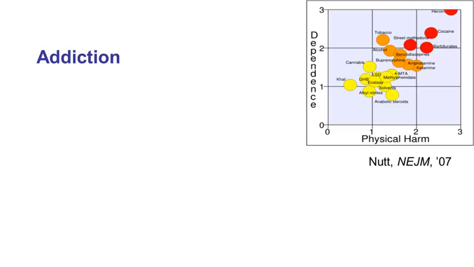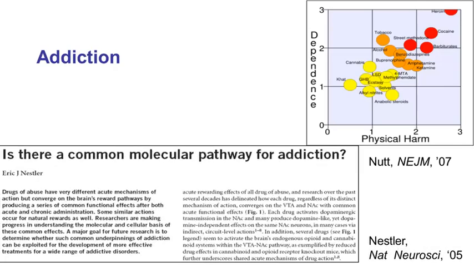However, despite the differences, addictions to different substances seem to share a common course. So a question that we and other researchers had wondered about was, is there a common molecular pathway underlying addiction? We felt that to answer this question, a bioinformatics approach might have a unique advantage.